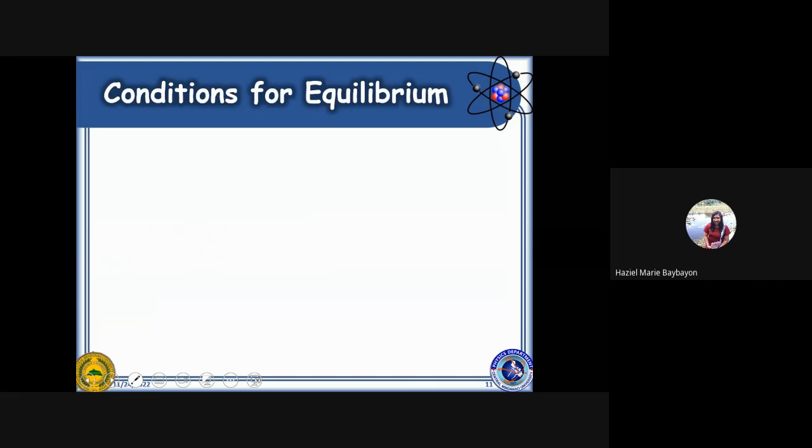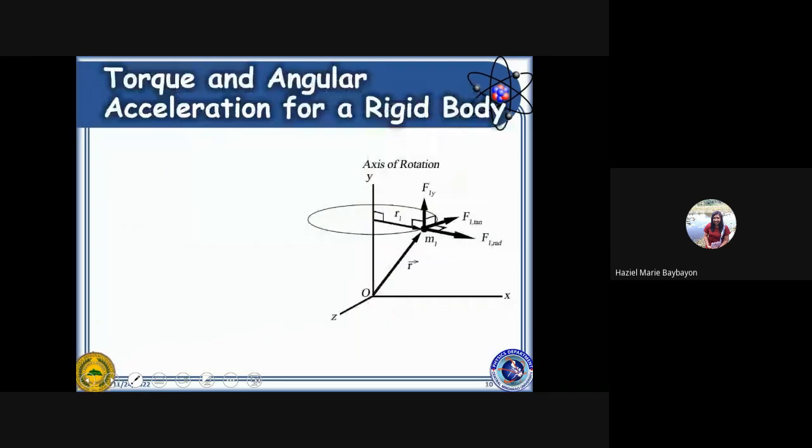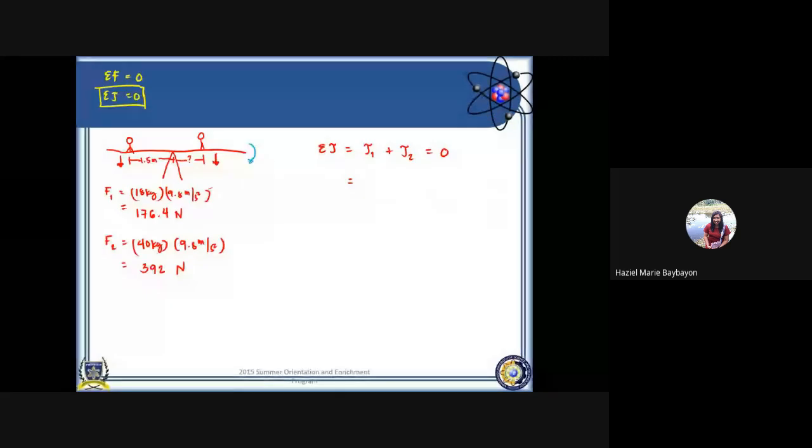We may get confused why it is negative or positive. The mother's is clockwise, while the child's causes counterclockwise motion. Therefore, this torque here is positive and this torque here is negative. Because T2 is negative, T1 minus T2 is equal to 0.